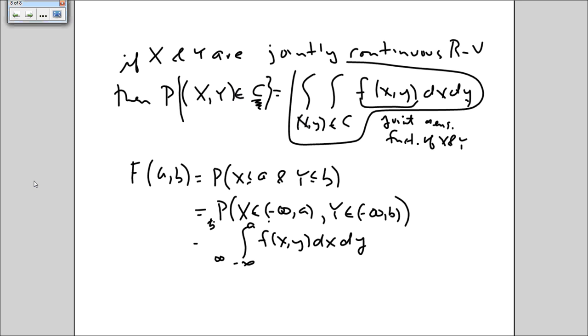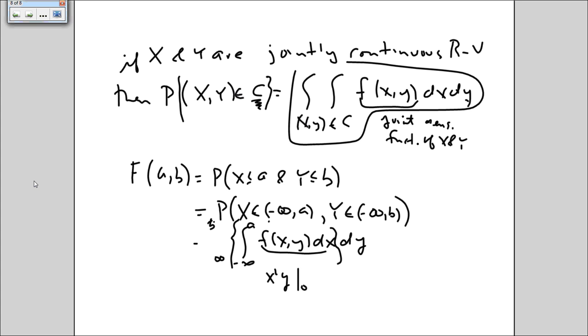Now, when you do this first integral, maybe the antiderivative of this is, I don't know, x squared y.